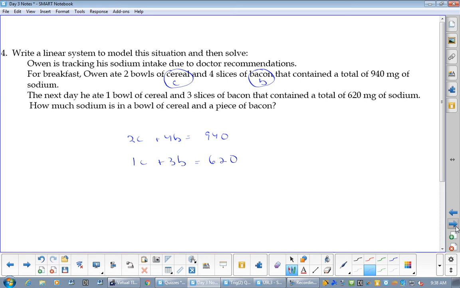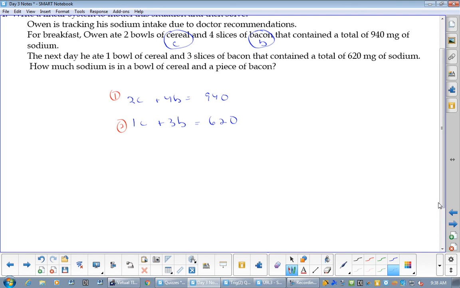So we've got equation 1, we've got equation 2. So equation 1 is 2C plus 4B equals 940. I want to keep C on the left. So I will subtract 4B. So we'll get 2C equals negative 4B plus 940.